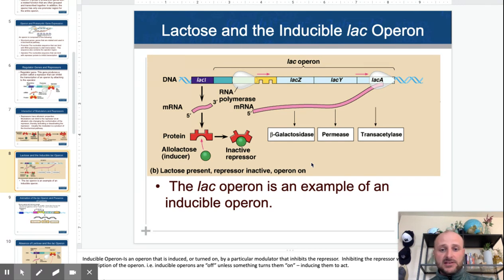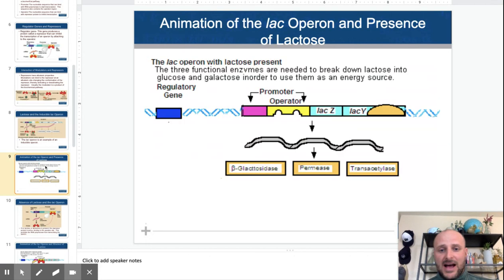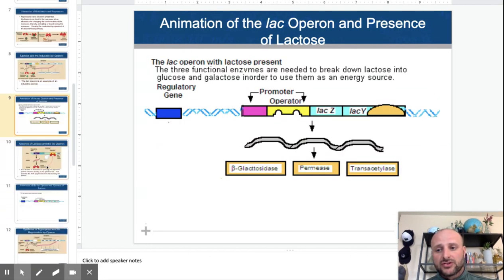When lactose is present, we need to have the ability to break it down. And that's what these genes right here do. And when lactose is present, we can inhibit the repressor, thus activating the operon. So this is an inducible operon, and there's a slide here which is an illustration of it.